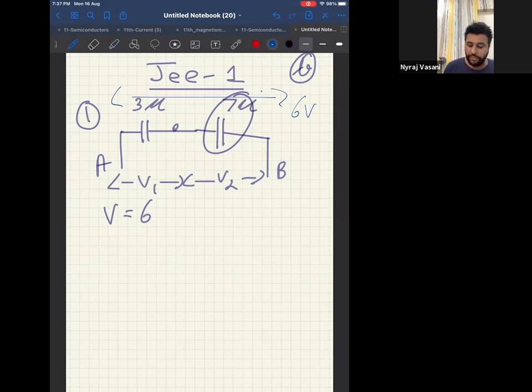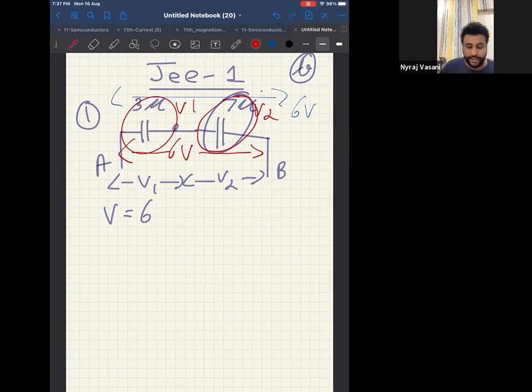That means the total voltage over here is 6 volt. The total voltage on this capacitor and on this capacitor will be V1 and V2, because voltage in series adds up. Now, do I need V2?